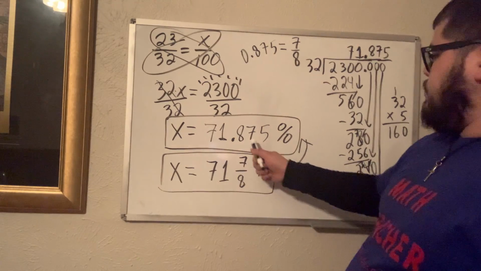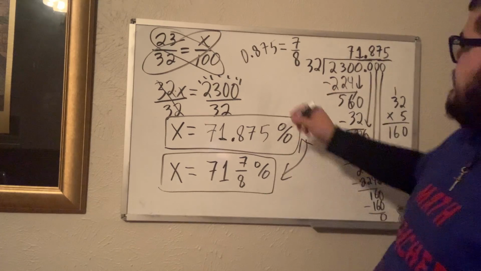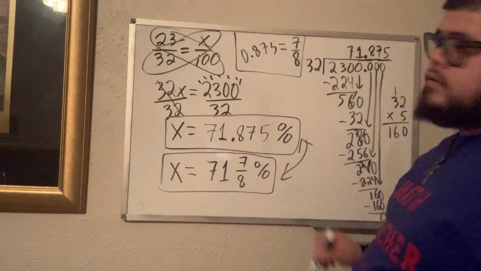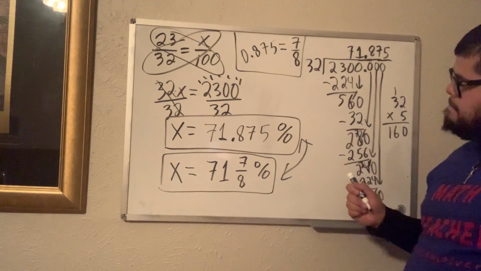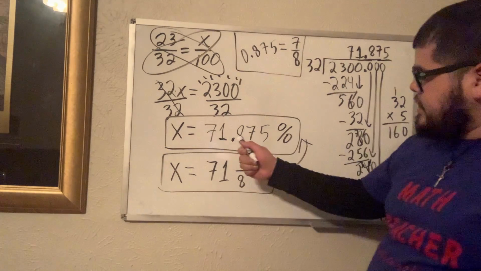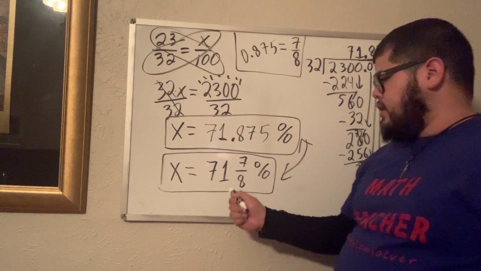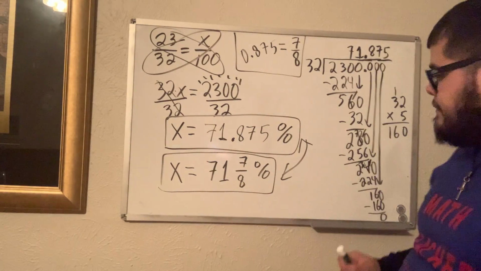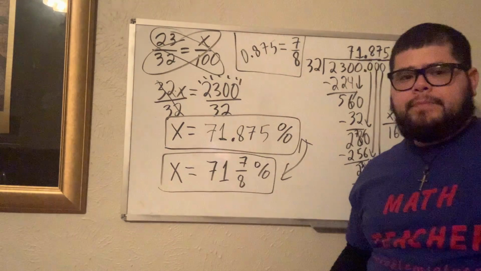71.875. If you converted this decimal, 0.875, into a fraction, you would get 7/8. And then since that's the case for that conversion, we can actually change this, the way this looks right here, 71.875. You can actually turn that into 71 and 7/8%. All right.